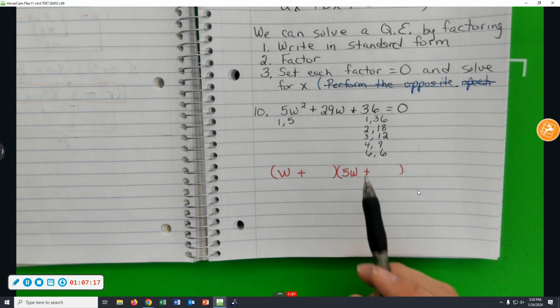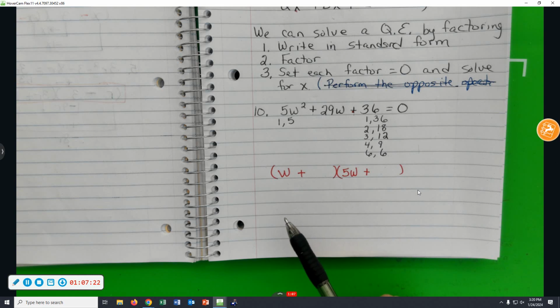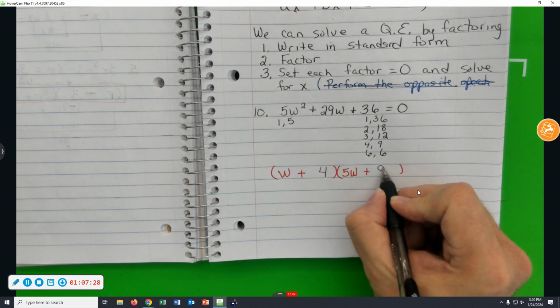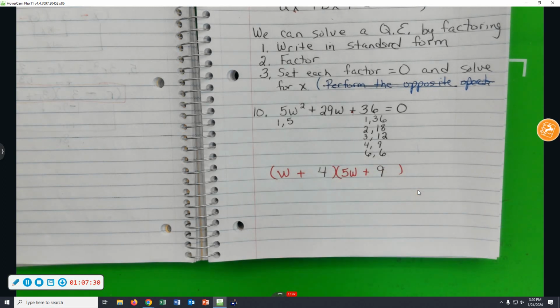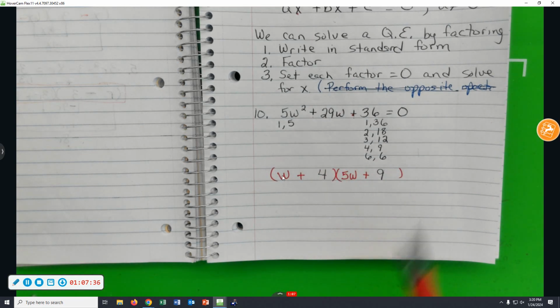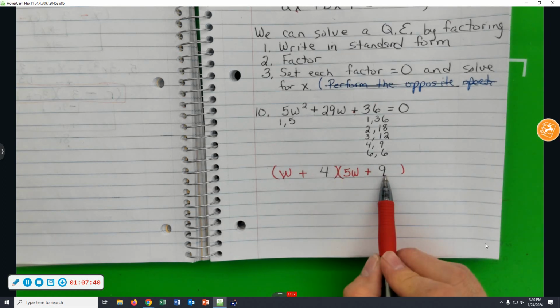Now what about 4 and 9? Can I make this thing work out using a 4 and 9? Actually, you can. If I put a 4 here and a 9 there, when I do my outer and inner, am I going to get a 29? What's the outer product going to be? It would be 9W, okay.